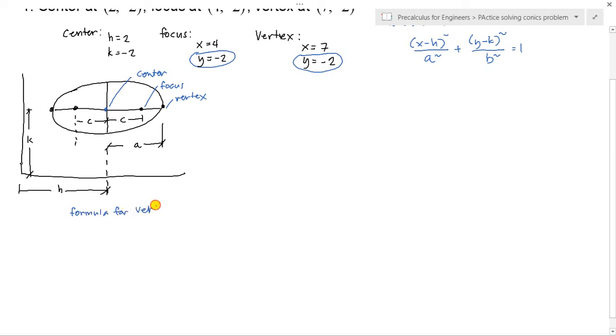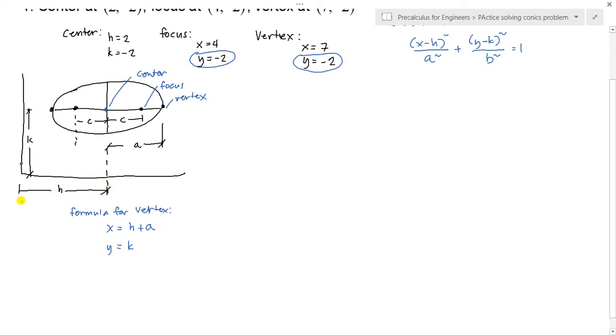The general formula for the vertex: its x value is just equal to h plus a, and its y value is just equal to k. Now here, since we have the x value of the focus, that is 4, and we have h, we can now solve for a.